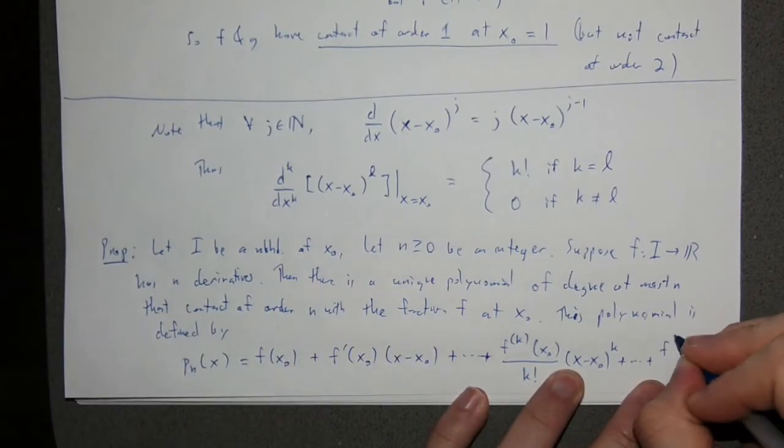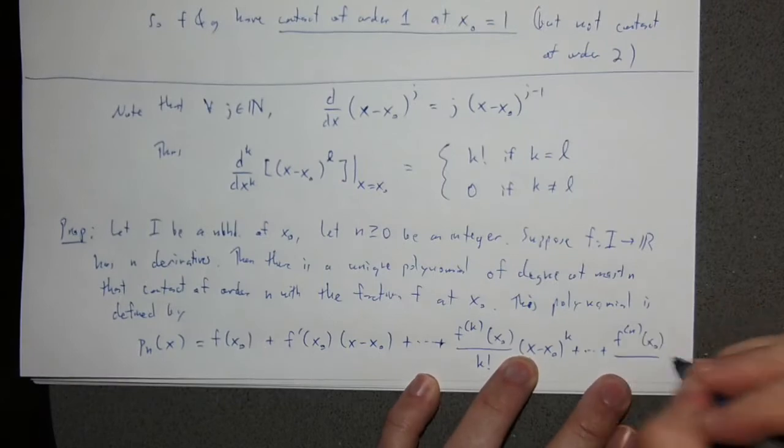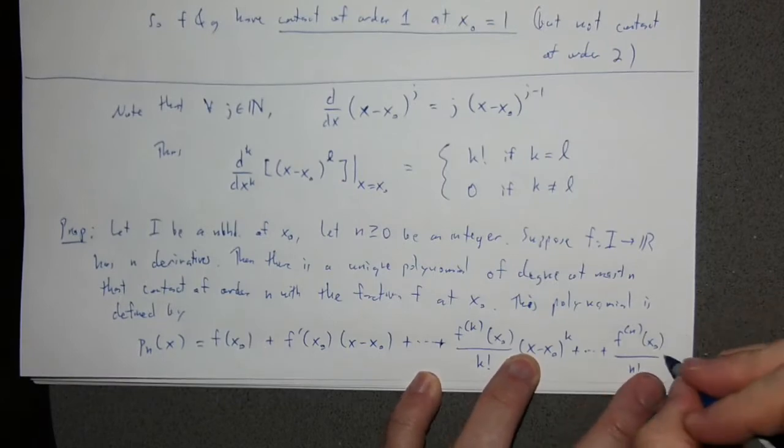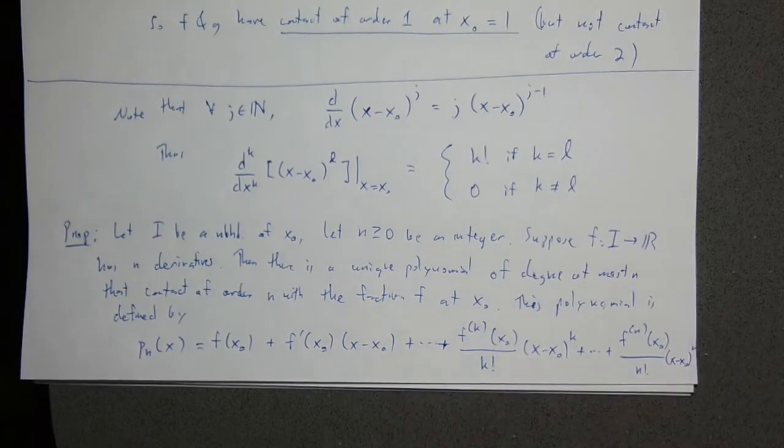So up to the nth derivative of f at x naught over n factorial times x minus x naught to the n.